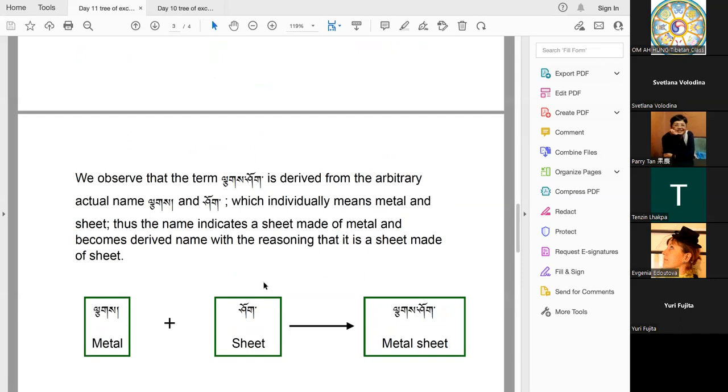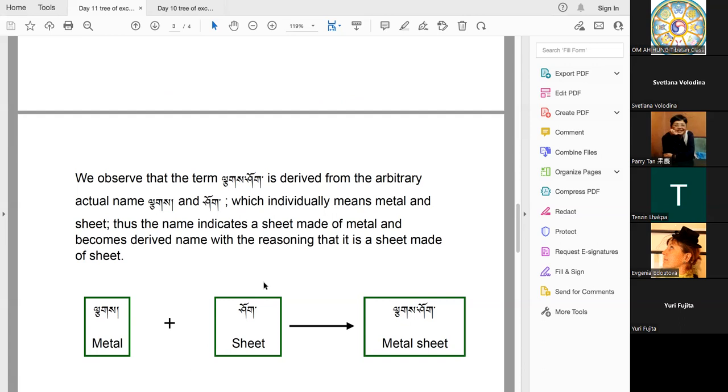So we see that this is derived, and the logic why it's called Chaksho is because it is supposed to be a sheet, but the material used here is metal, sometimes alloy too, not always metal.